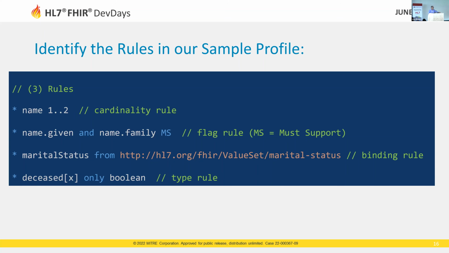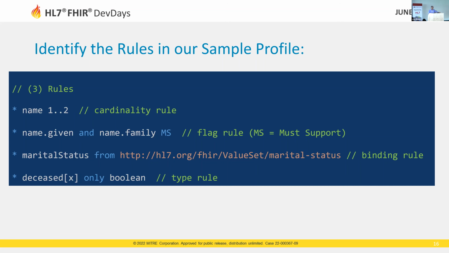The third one is a binding rule. It just says that marital status, which isn't bound in the patient resource, we're now going to bind it to that marital status value set. And since we don't say whether it's required or extensible or preferred, Sushi will assume that that's a required binding.